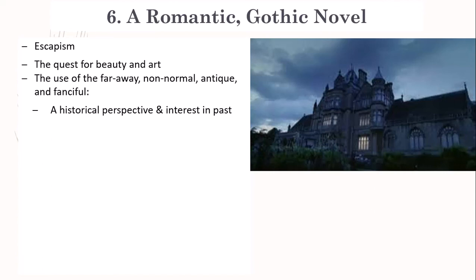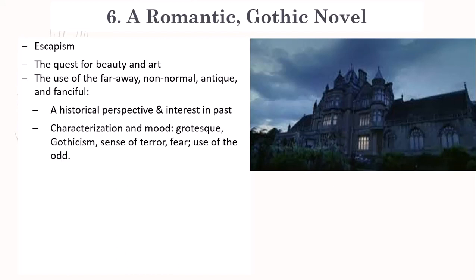Some of the books had a historical perspective or an interest in the past. So you can think of Nathaniel Hawthorne's Scarlet Letter, which was written in the 1800s, but depicts things back in the 1600s. Characterization and mood. So sometimes, at least with Gothic novels and stories, there's the grotesque, like Edgar Allan Poe, right?